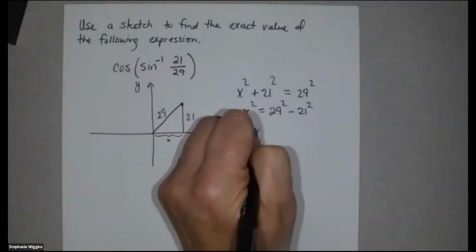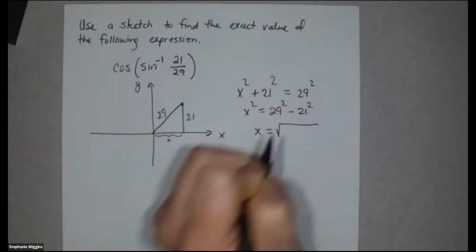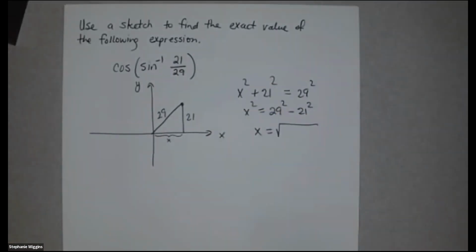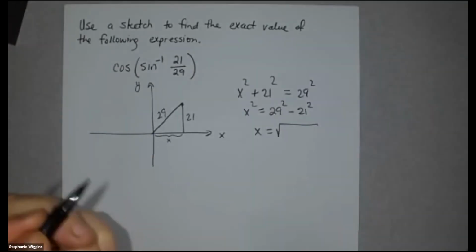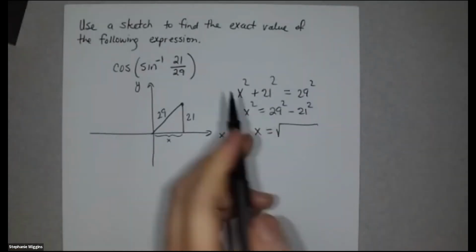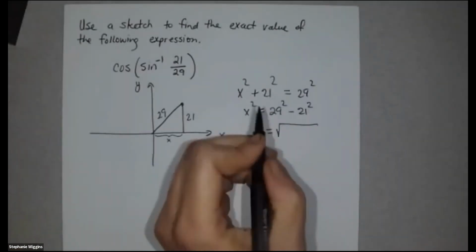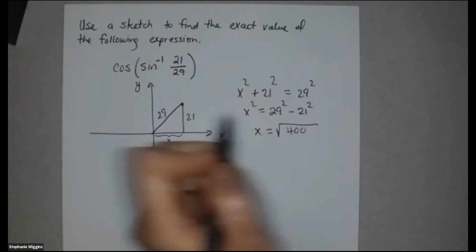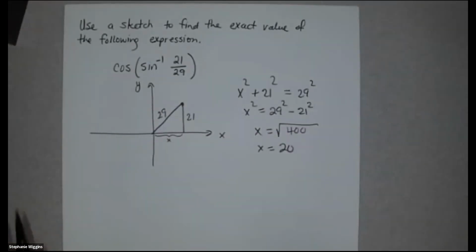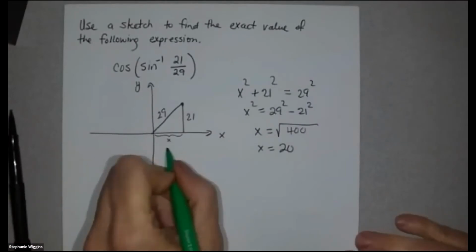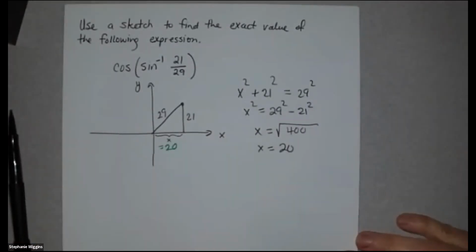And then x equals, and since x is talking about a distance in the positive x direction, I can just know that it's positive. I'm taking the square root. 29 squared minus 21 squared is 400. So when I take the square root of 400, I get that x equals 20. So this side here is 20.